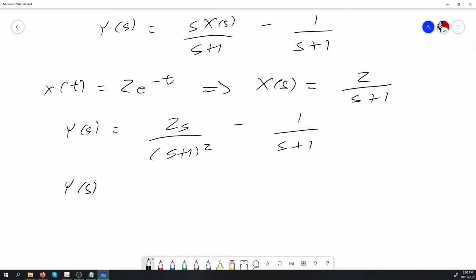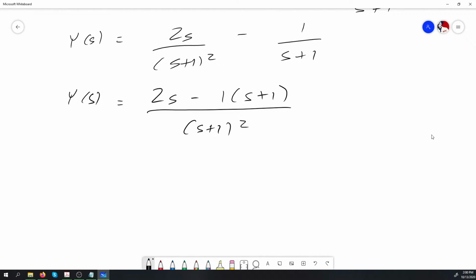So we say y of s is equal to 2s, oh sorry, it's going to be 2s, my bad, 2s minus 1 times s plus 1, all divided by s plus 1 squared. If we expand this out, we get y of s is equal to s minus 1 divided by s plus 1 squared.